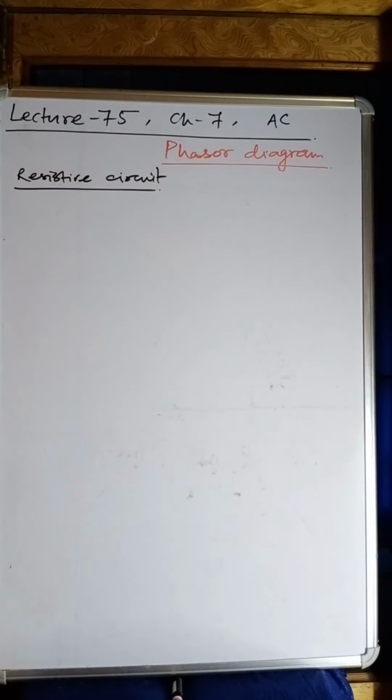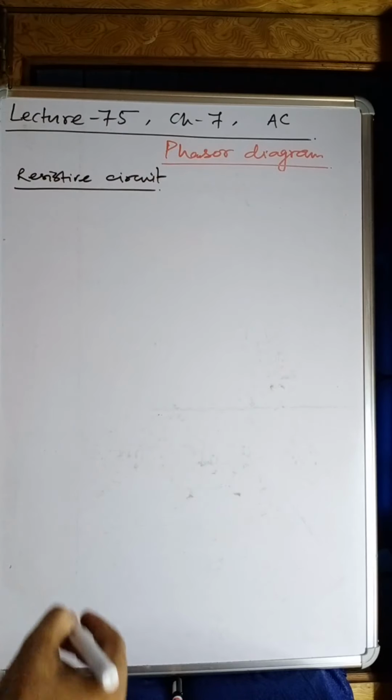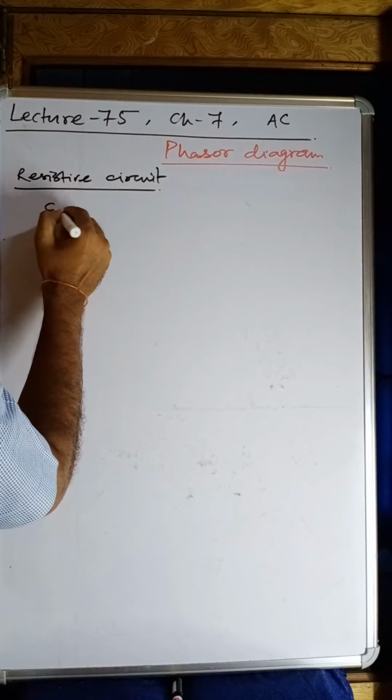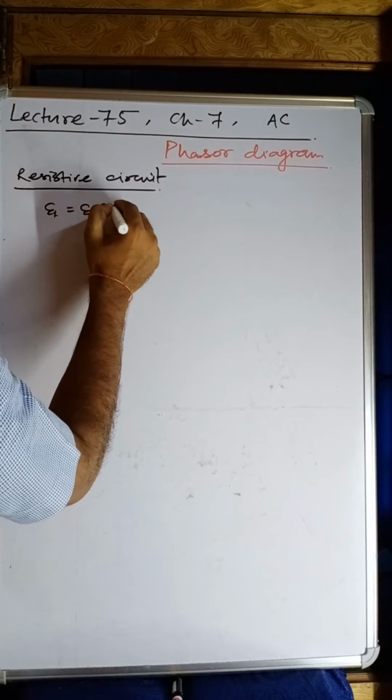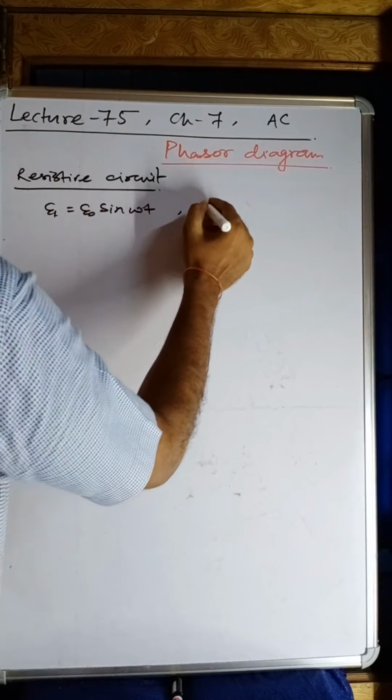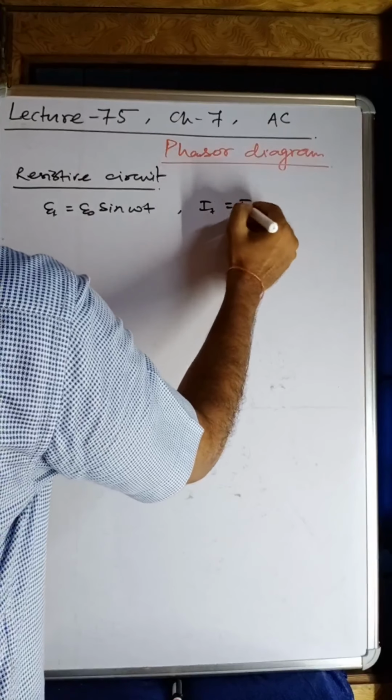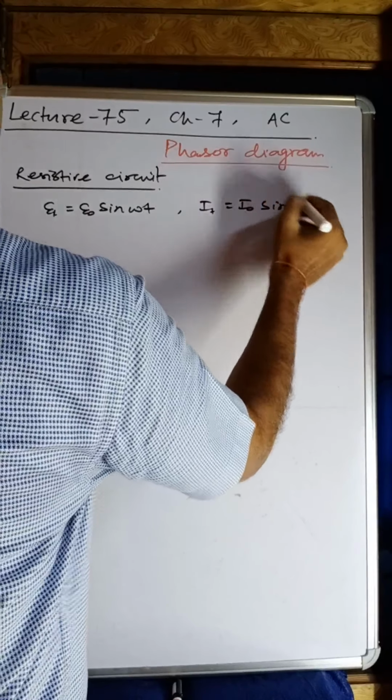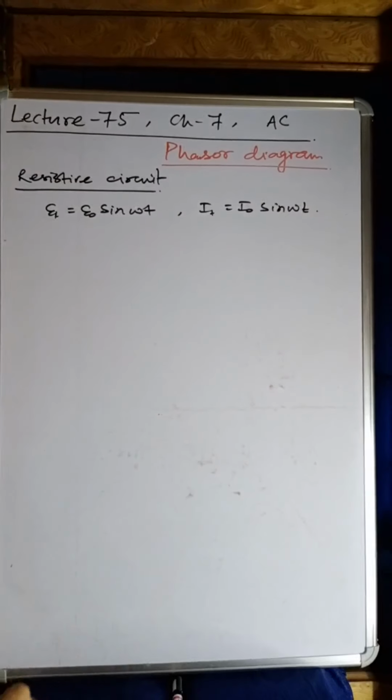What we have studied for the voltage and current in a resistive circuit, my dear student: e(t) was E naught sin omega t and i(t) was I naught sin omega t. Am I right?